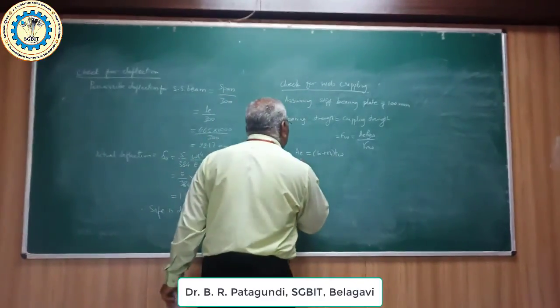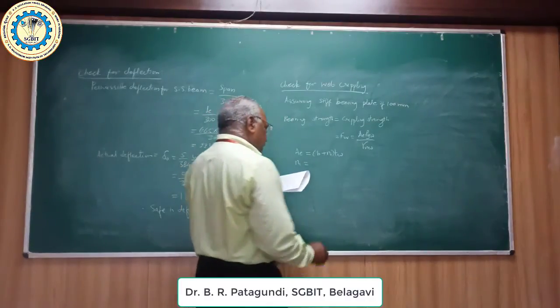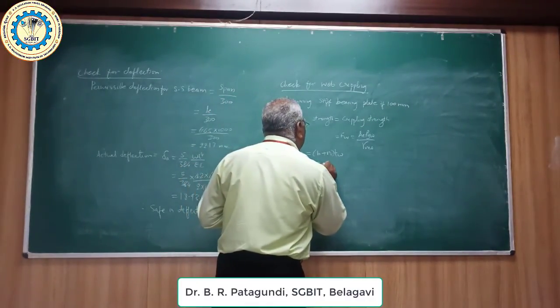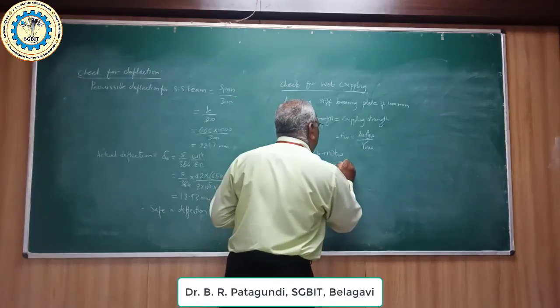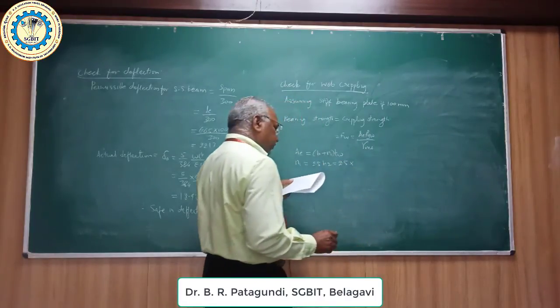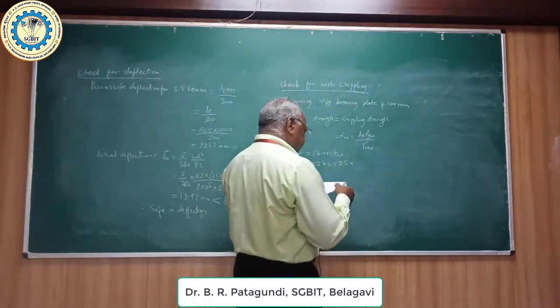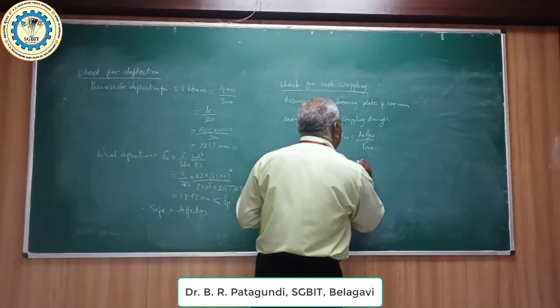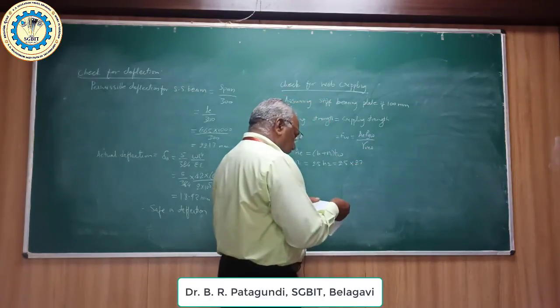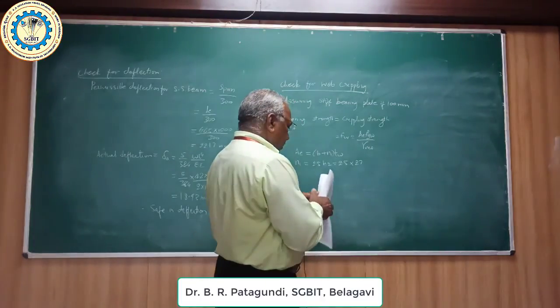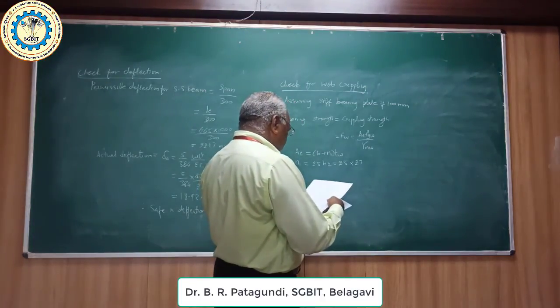But N1 equal to 2.5 into H2. So 2.5 into 27.25.